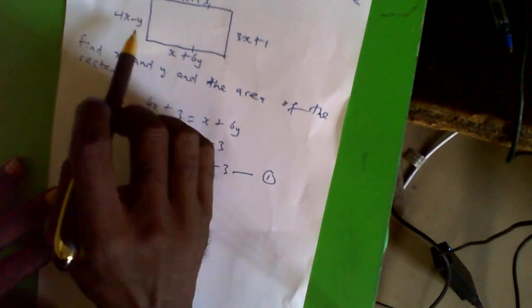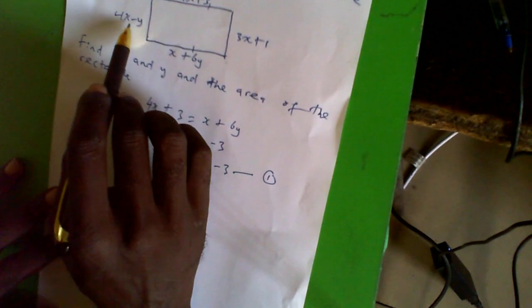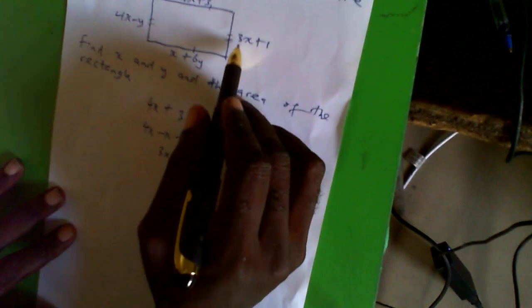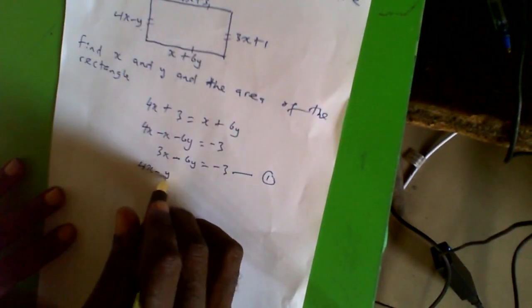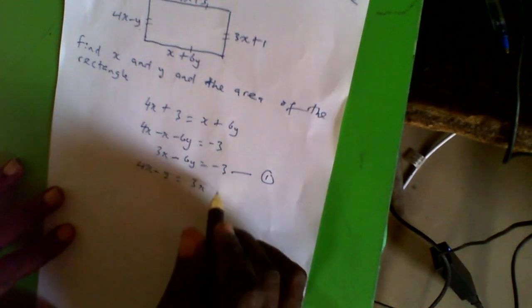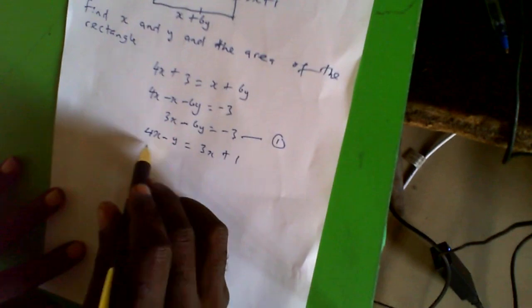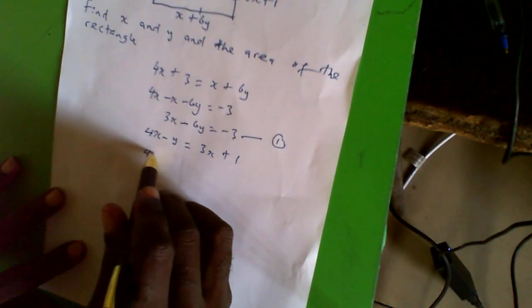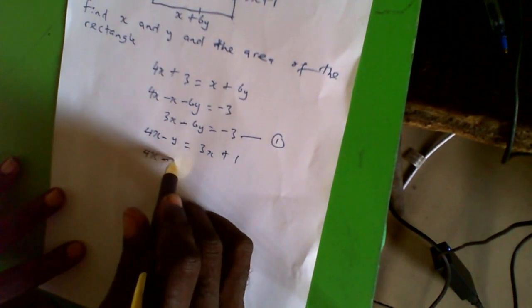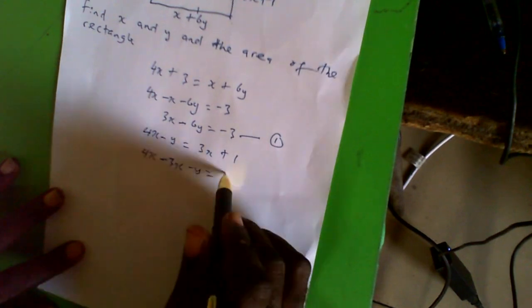Now let's take the other one, which is 4x minus y equals 3x plus 1. Again, let's rearrange it: 4x minus 3x, then the y is there, and the 1 will be left behind.